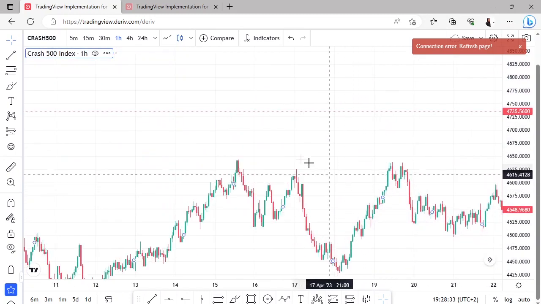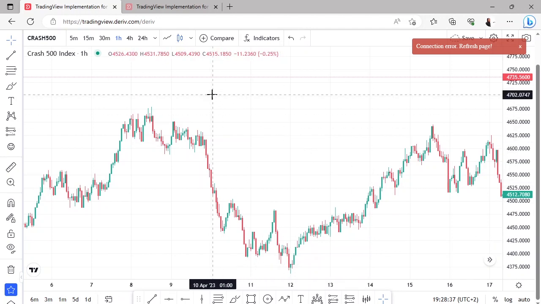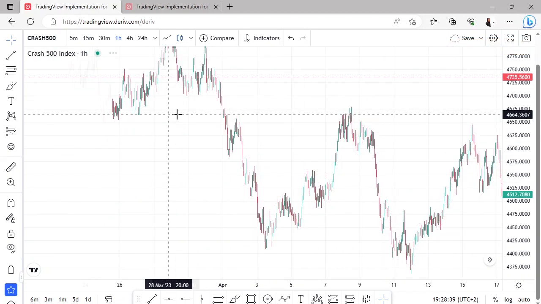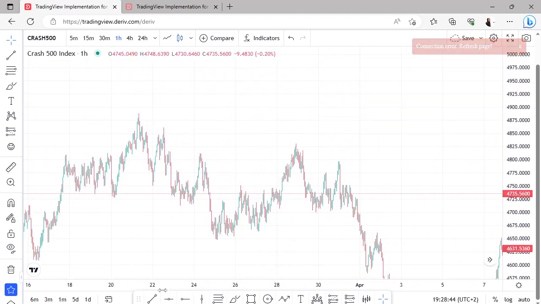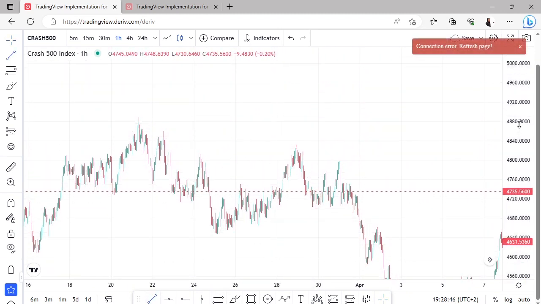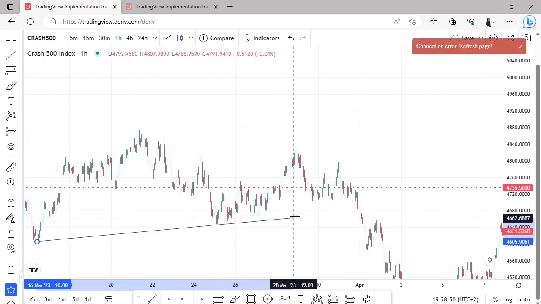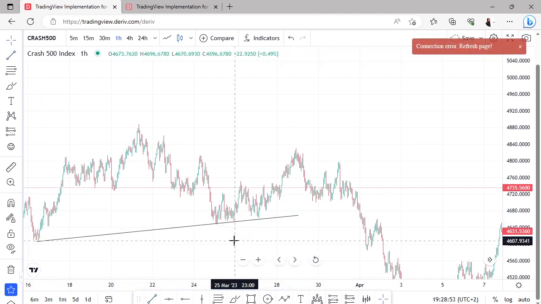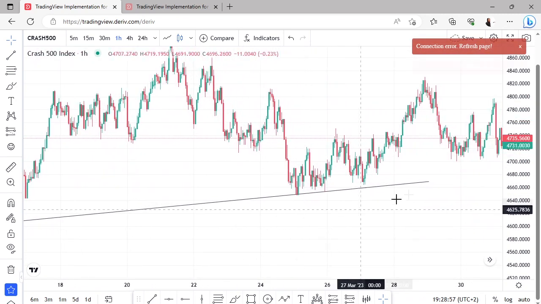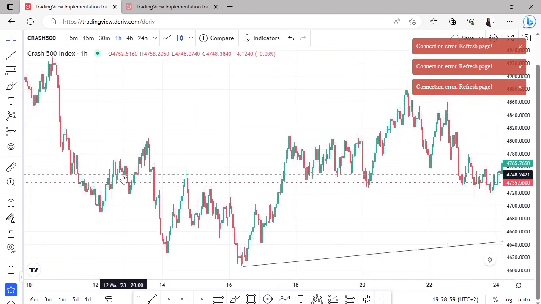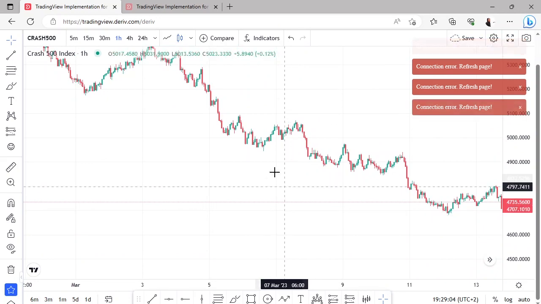So let us look for another one where the market is selling, or let us look for a diagonal trend line. So we have this. Let me see. So overall you can see, okay, let me just leave that one. I just want a perfect example I can show you guys.